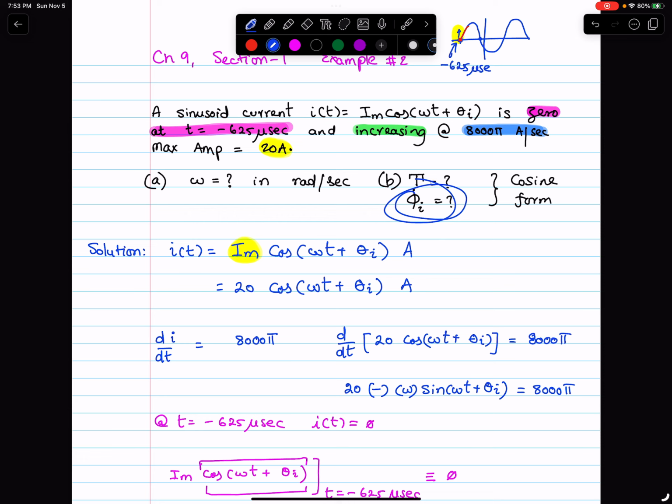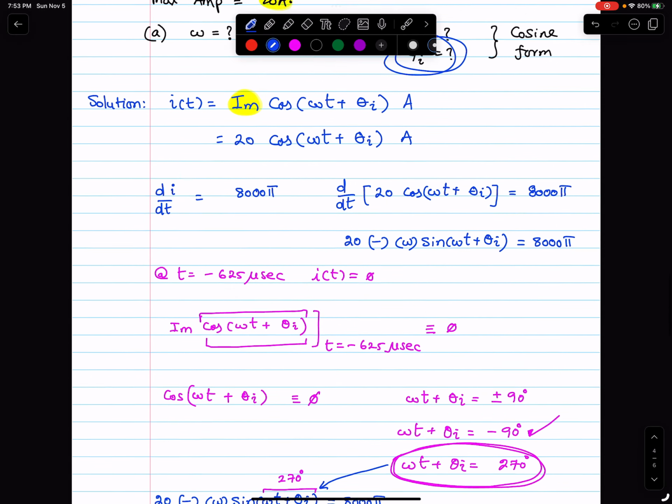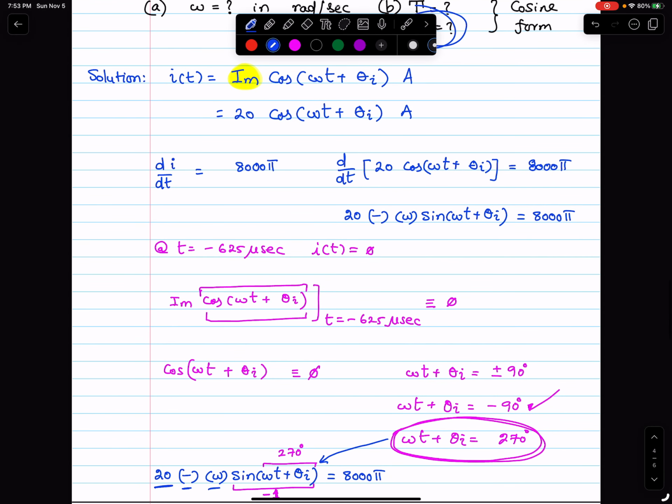Now, if you think about it, what we just found out is that the cosine value is 0. Let's use this.